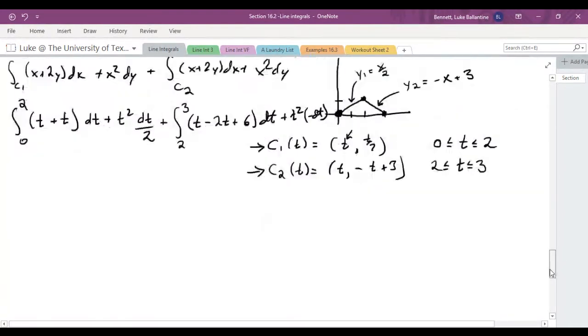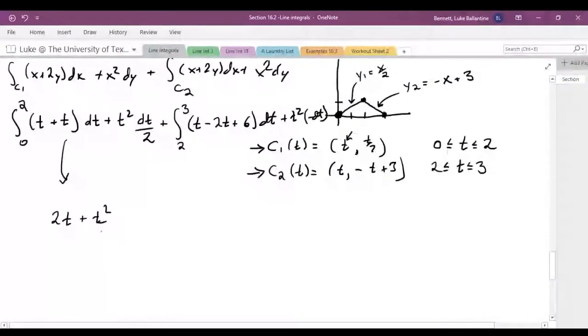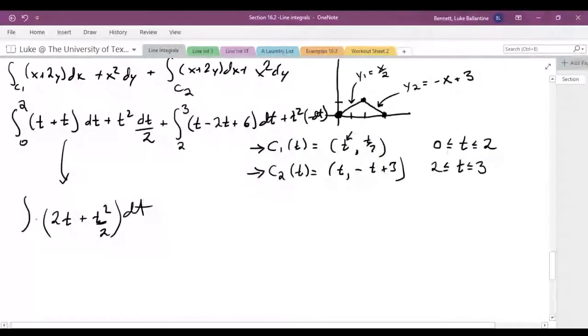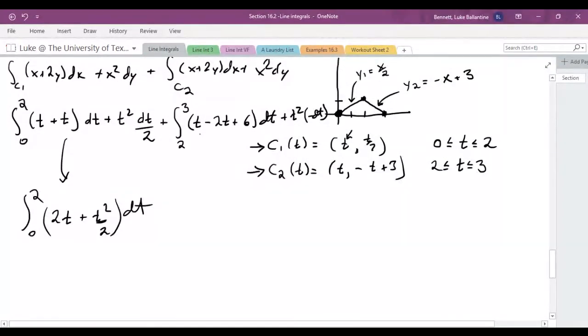All right. Now we get 2t plus t squared over 2 dt from 0 to 2. Okay, so this is negative t plus 6.